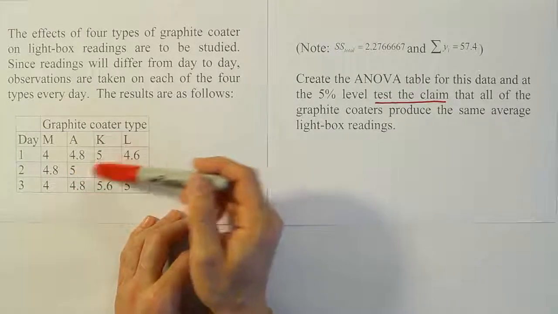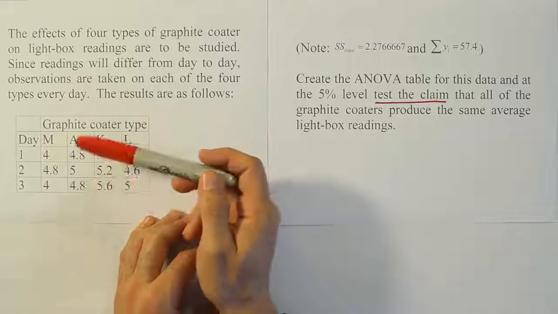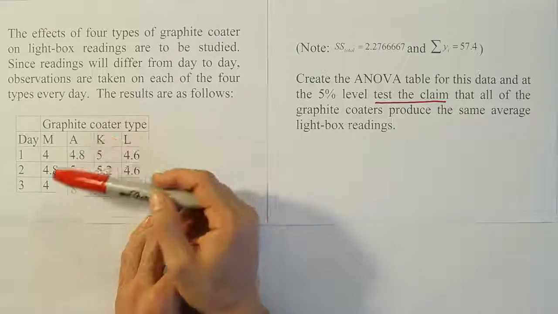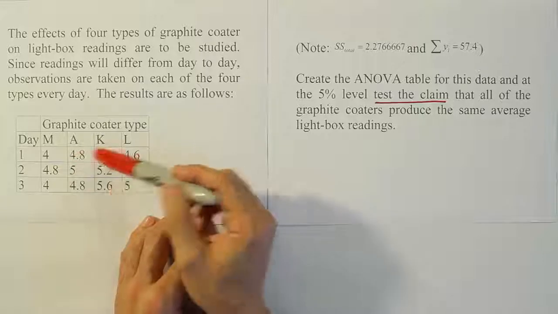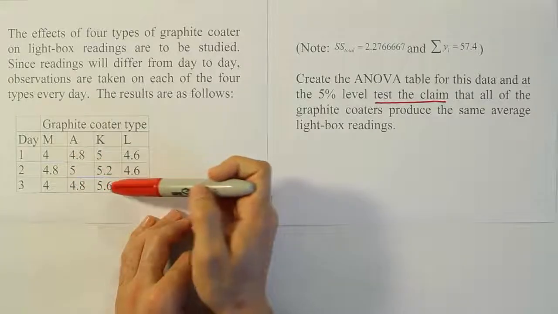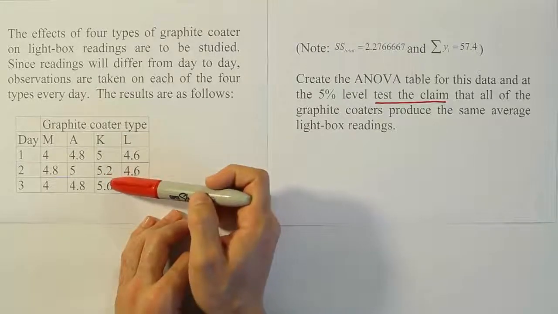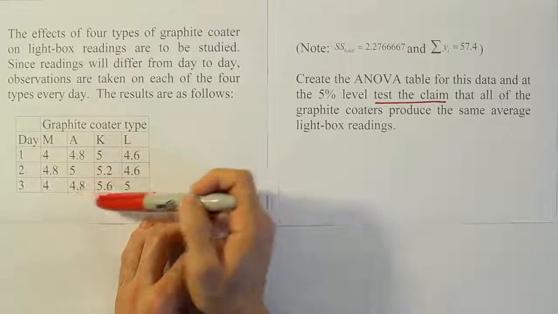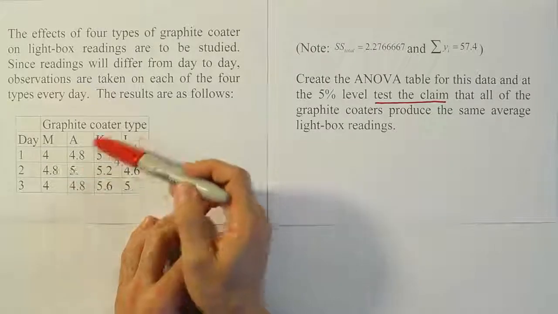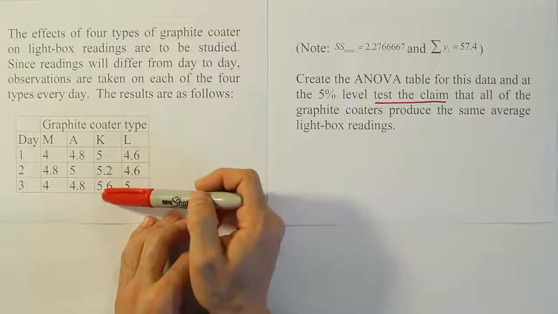So that's the pattern that we would expect. If there's an interaction effect, it might be something like, whatever makes day 3 different from day 1 might also mysteriously make K the worst level that day, but on every other day it's the best. So if that sort of thing exists, that would be called an interaction effect. So there's some reason why K and day 3 combine to produce an unexpected result.